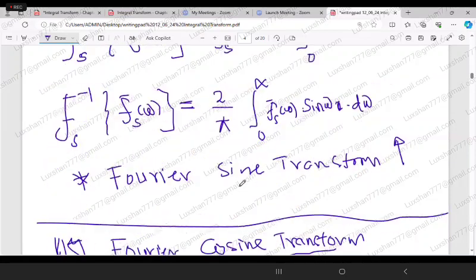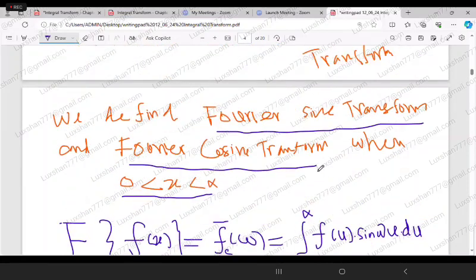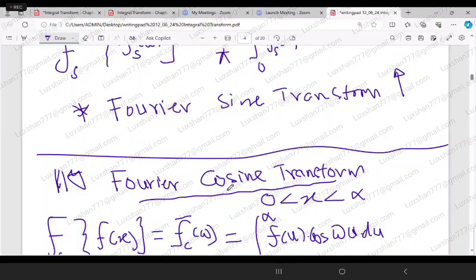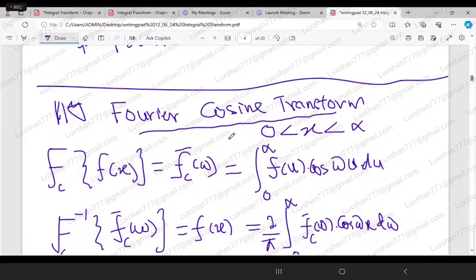Similarly, we have three types of transform: the Fourier transform, also called the Fourier complex transform, the Fourier sine transform, and the Fourier cosine transform. The Fourier sine and cosine transforms are possible when the domain is 0 to infinity. If the domain is minus infinity to plus infinity, then we have to find the Fourier complex transform. This is the formula you have to use.